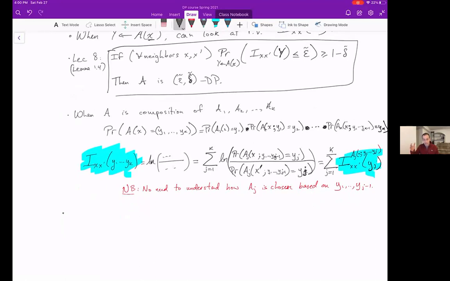Since we're writing this as a sum of random variables, it's enough to get our hands on what each of these individual random variables looks like.